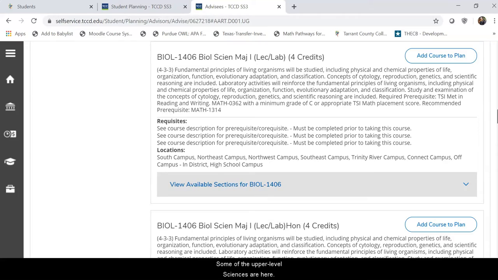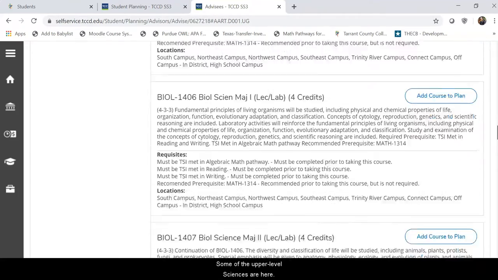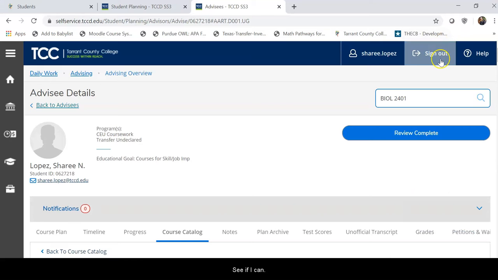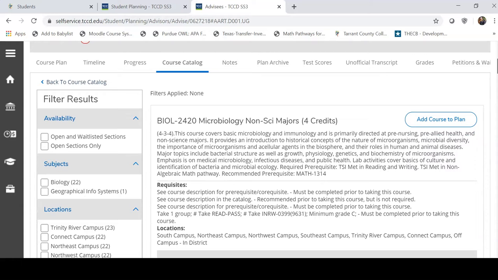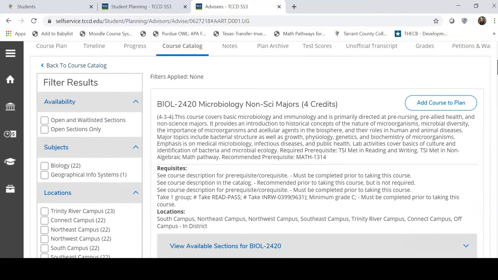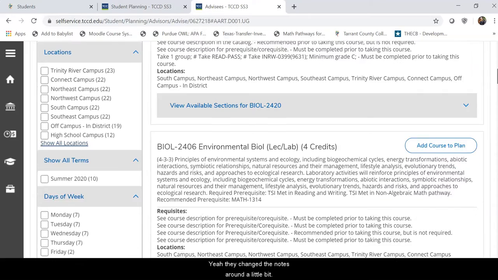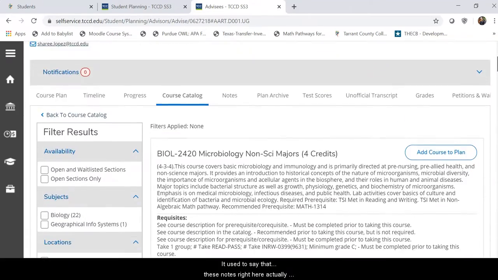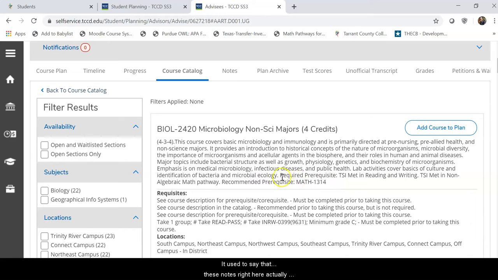See, these are some of the upper level sciences right here. Let me see if I can find like microbiology or something. Okay, yeah, they changed the notes around a little bit, but that's what it used to say.